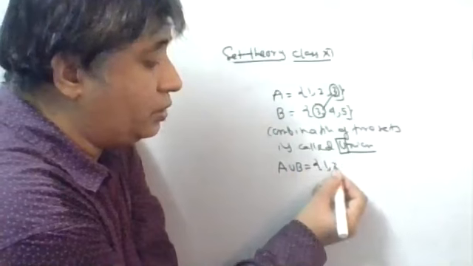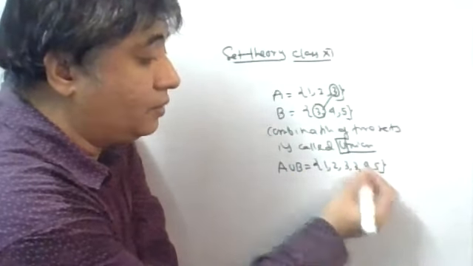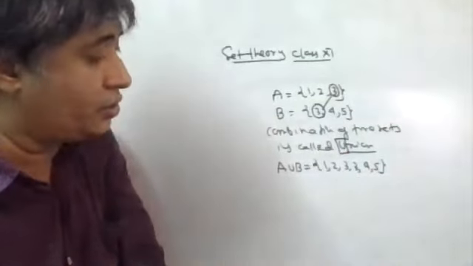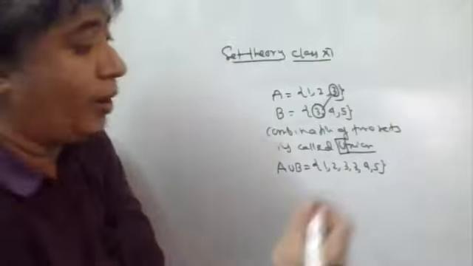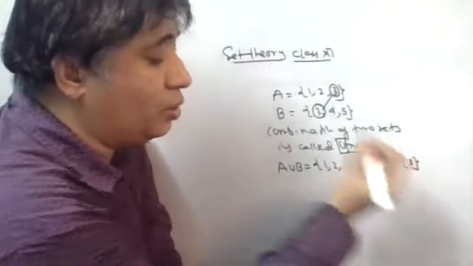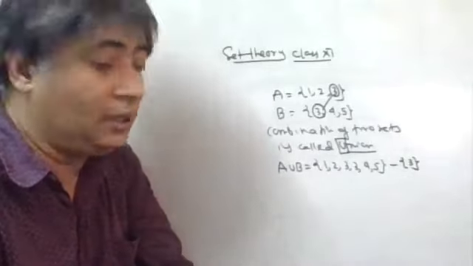See, 1, 2, 3, 4, 5. So how can this 3 come twice? So 3 has to be excluded.